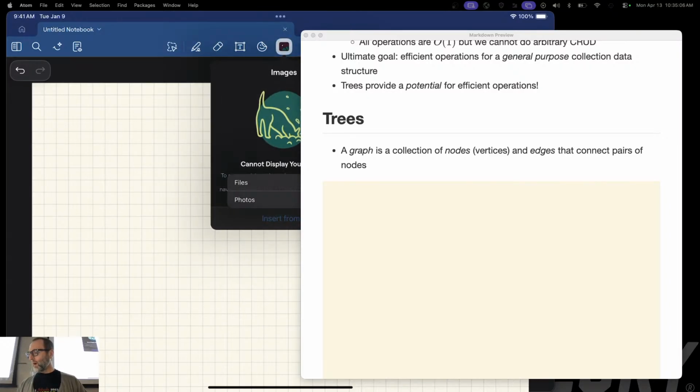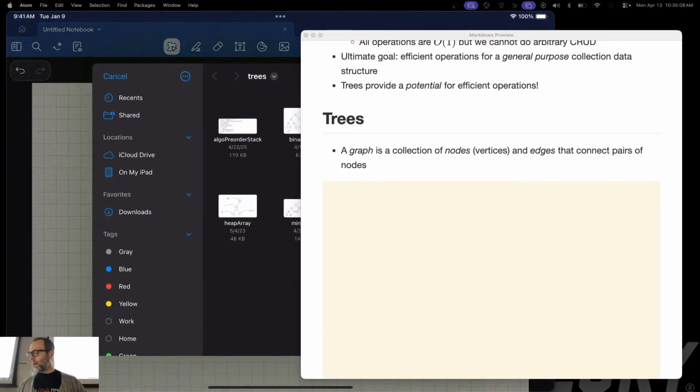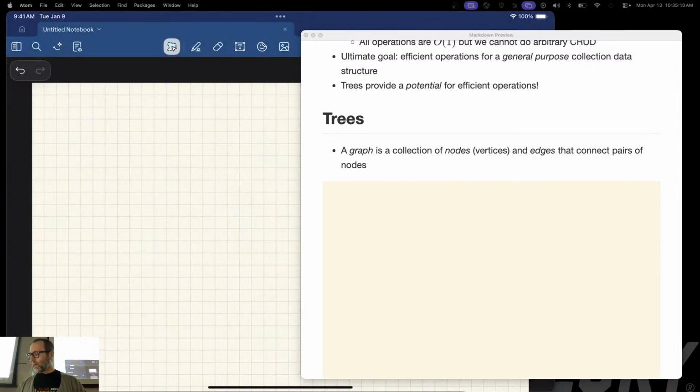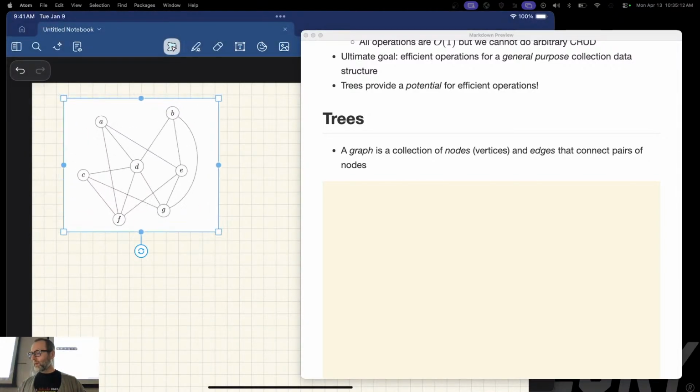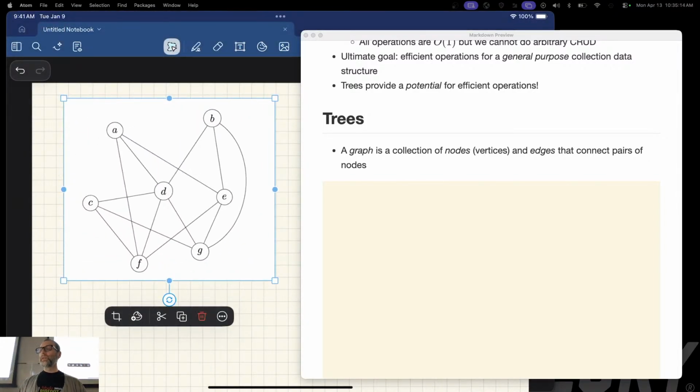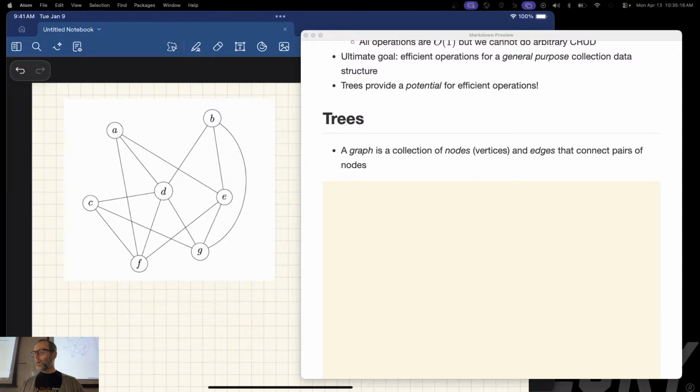So for example, let me go ahead and bring in just a graph over here. Where's my graph? There it is. Here's a graph. How many nodes does it have? Well, it has 1, 2, 3, 4, 5, 6, 7 nodes. We denote that usually with n. N is the variable we use to denote how many vertices there are. Now, m is going to be the number of edges.